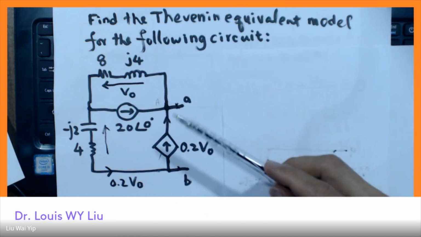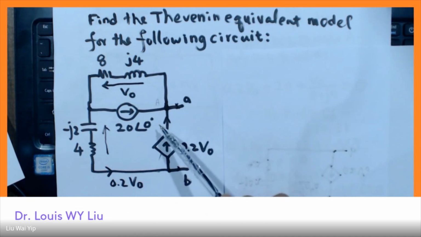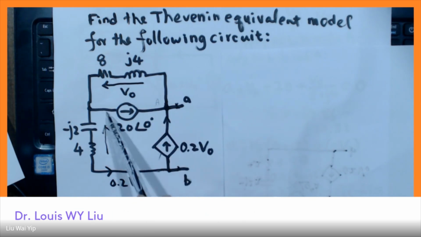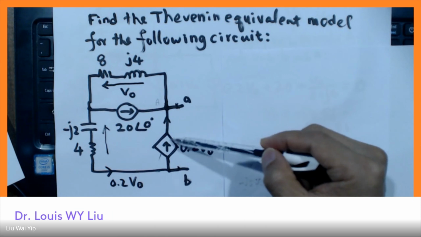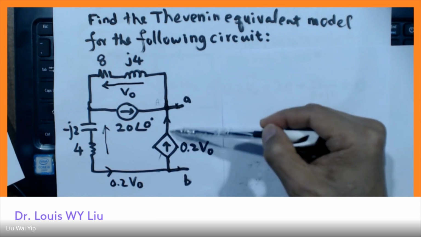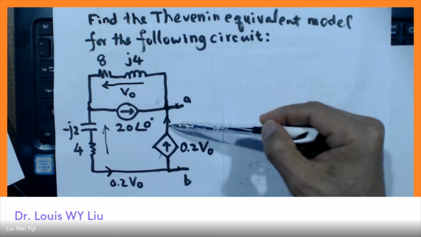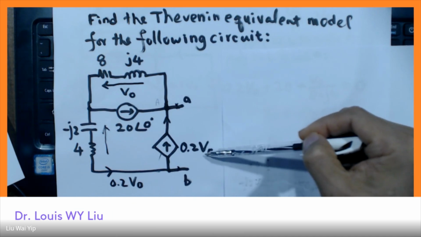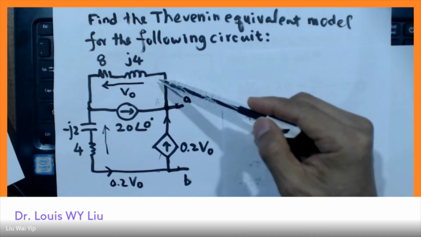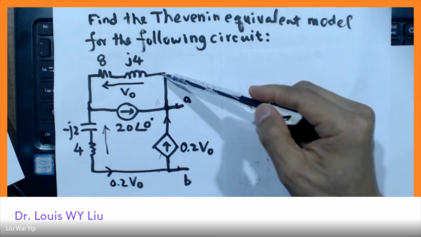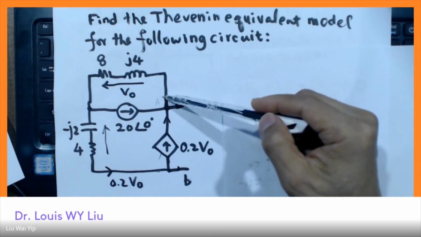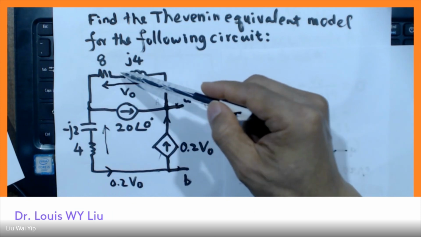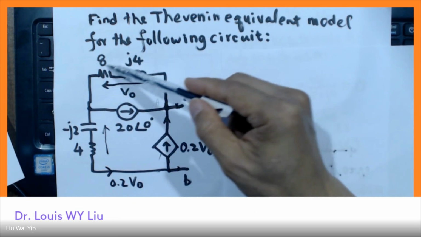And you can see we have three currents. 20 amp, and we have also got another source of current from this dependent source, 0.2 times V naught. And more importantly, we have another current given by this branch.